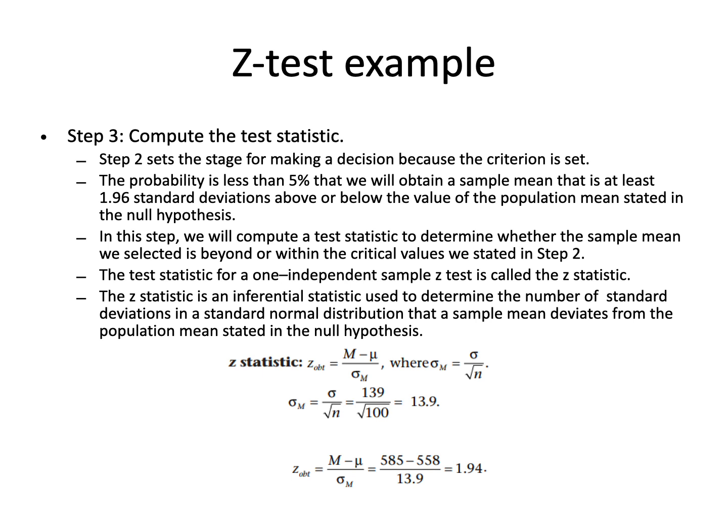Then we obtain the z value once we plug in these values, where the population mean is 585 and the sample mean is 558, and we get the z obtained to be 1.94.